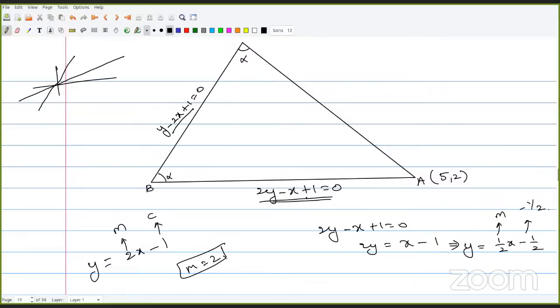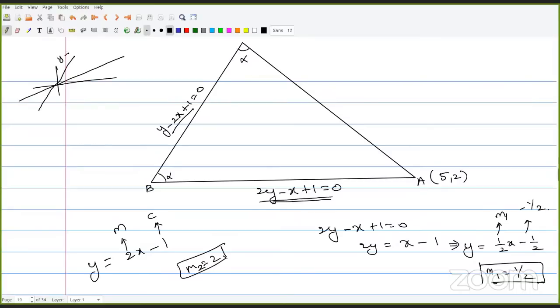So this slope is smaller than this slope. This is m1, slope is half, m2, slope is 2. So this has bigger slope, that means this has bigger inclination.